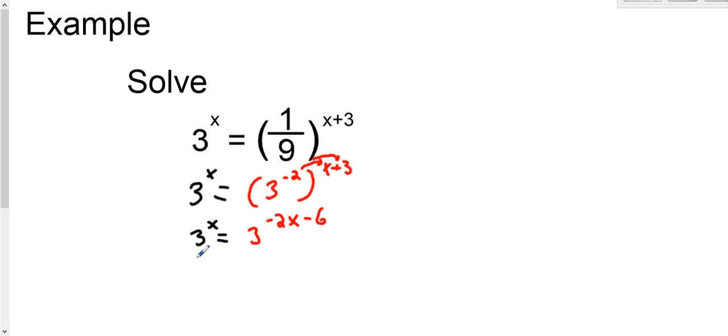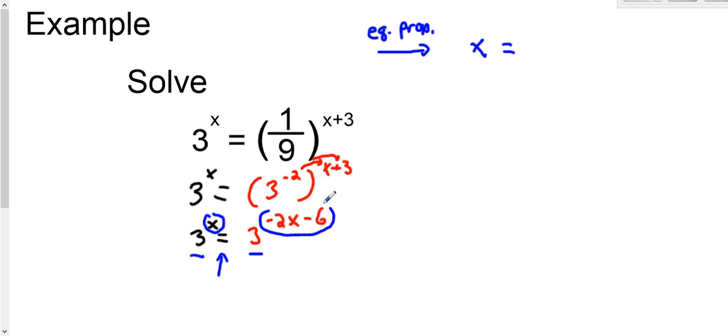We now have bases that are the same. It's equal. This implies using our equality property, again I'll write EQ for equality prop, that x, for the exponents, is equal to negative 2x minus 6.